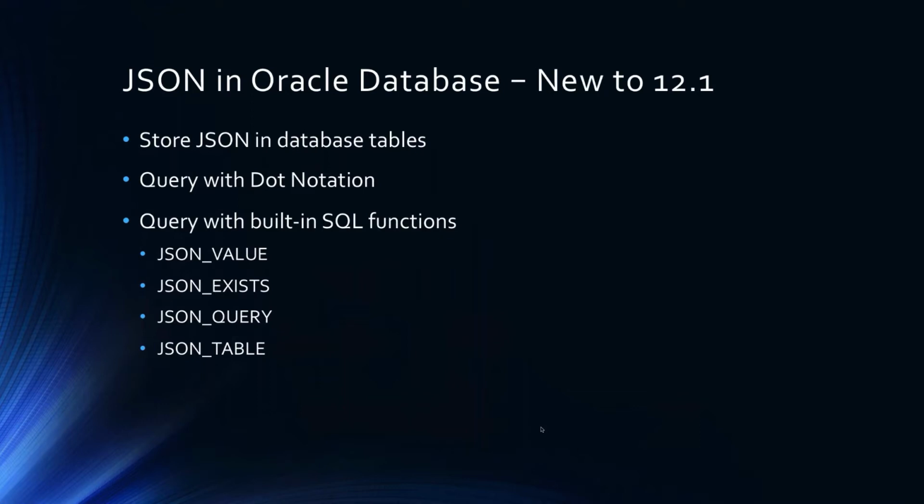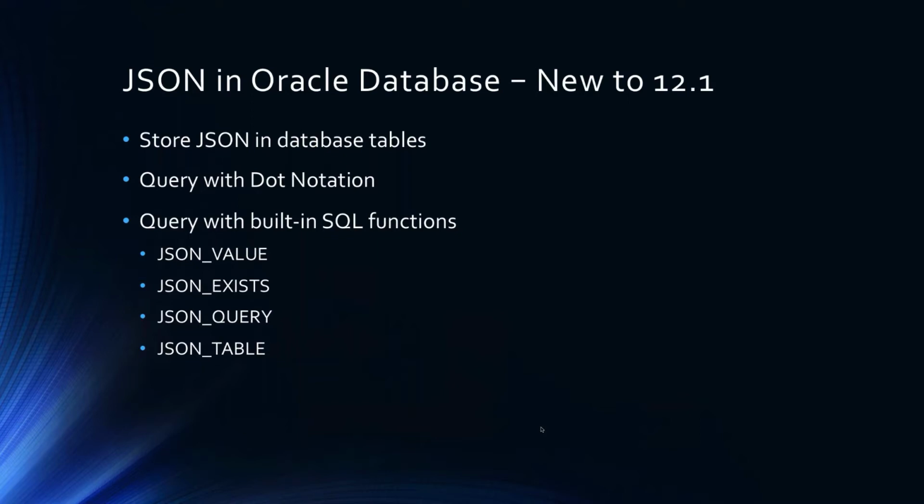And SQL can use dot notation, which sometimes can be known as dot-over-agonizing-dot if you get too deep into it. And there are also some SQL functions that Oracle added to make it easier to query the data in the table. One important thing to note is that you can't directly update a single element in the JSON. You have to fix entries in the string and then put the whole string back in.